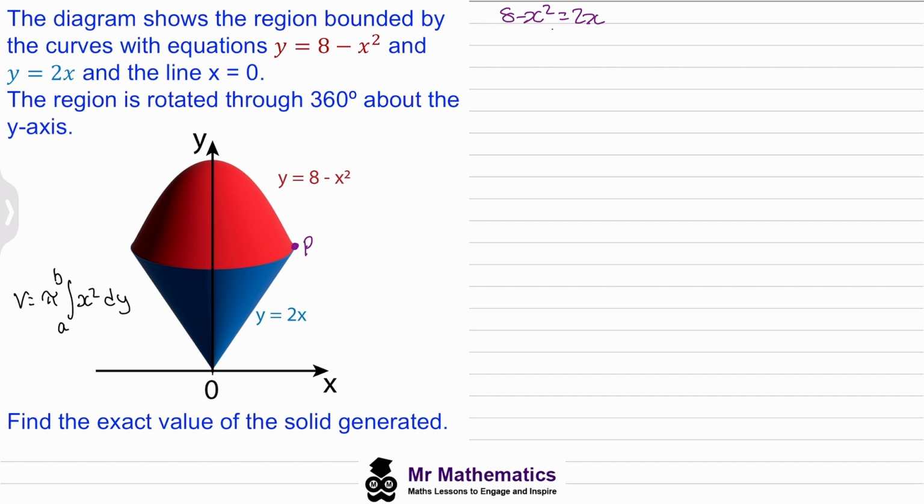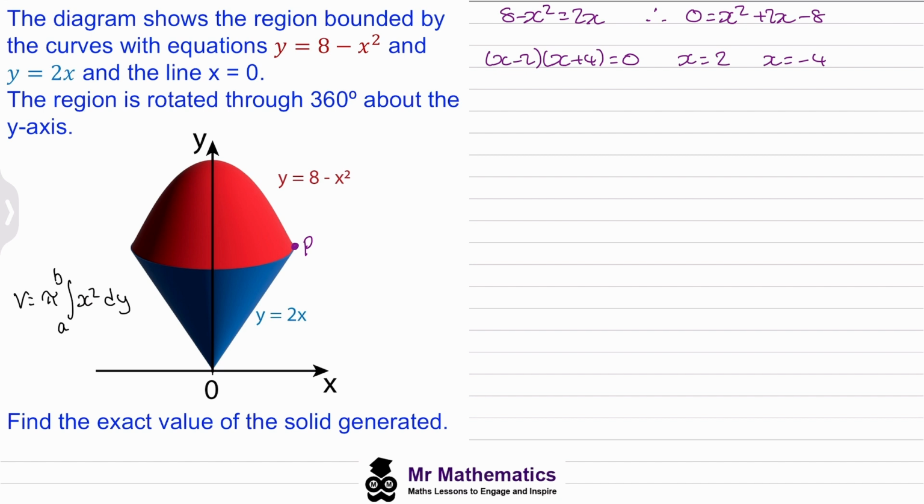We can solve this quadratic by moving the negative x squared and the positive 8 to the right-hand side. So we get 0 equals x squared plus 2x minus 8. We can solve this by factorizing, so we'll have x minus 2 multiplied by x plus 4 giving us 0. x will equal 2 and negative 4.